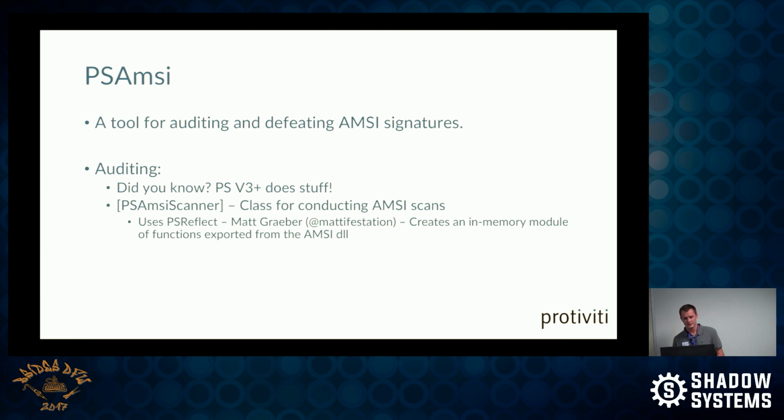What it does, it creates an in-memory module of those functions, which is important because the typical way in PowerShell to call functions out of a DLL is to use the Add-Type function, which creates temporary compilation files while it's doing it. And we don't want our traditional file scanning antivirus to get in our way when we're trying to enumerate in-memory signatures.